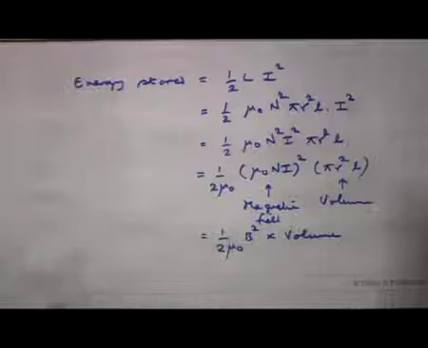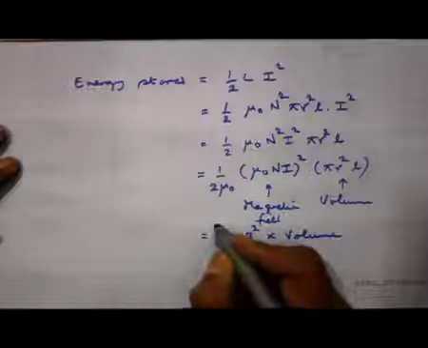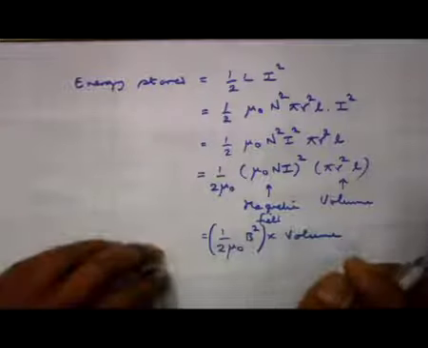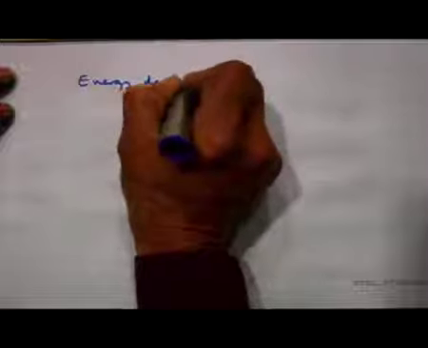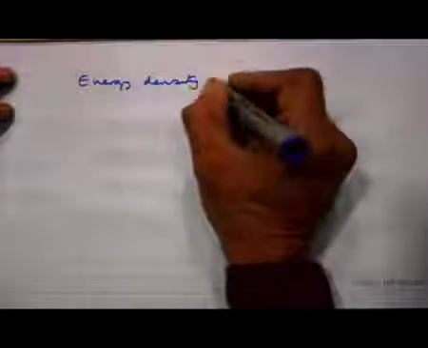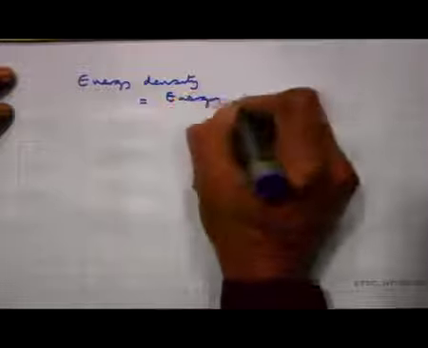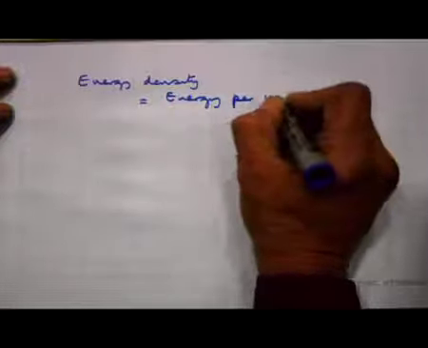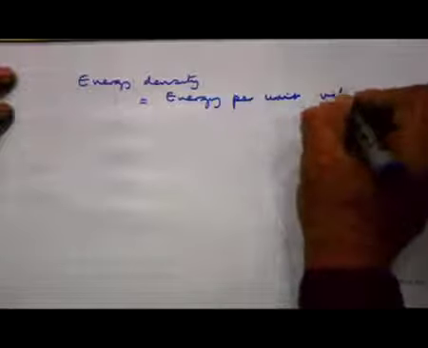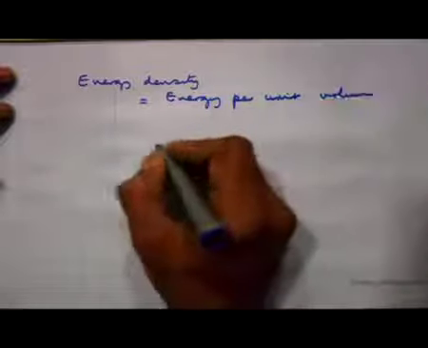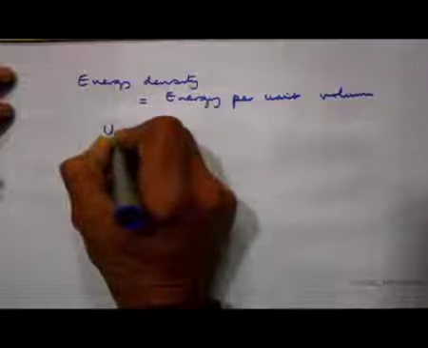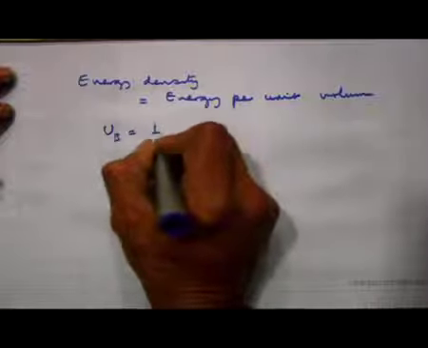So, what does this give me? It gives me that this must be the energy density of the magnetic field. So, I get an expression for the energy density, which is the energy per unit volume, U B is equal to 1 by 2 mu naught B square.